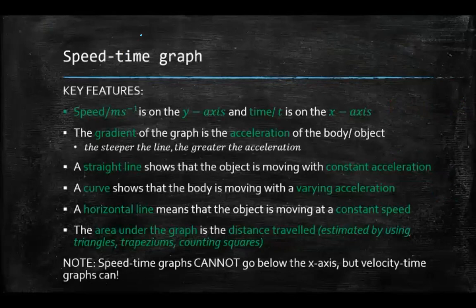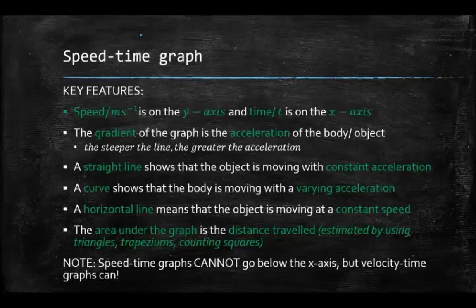Just like the displacement time and distance time graph, I said that some people use the gradient for both of them as velocity. So they just use it interchangeably. The speed, we actually say that the gradient is just acceleration, right?